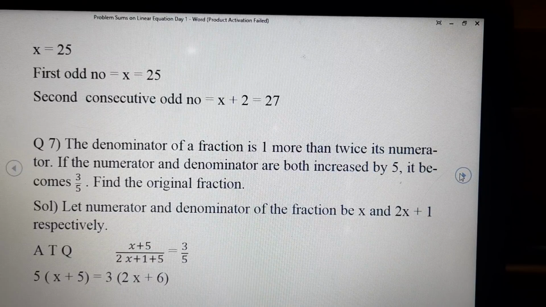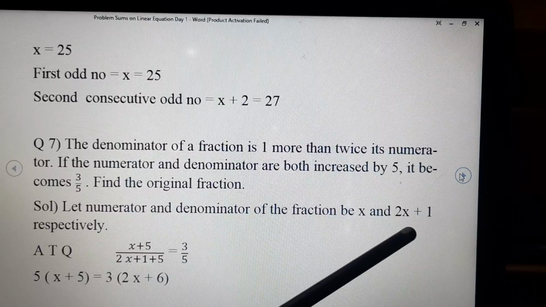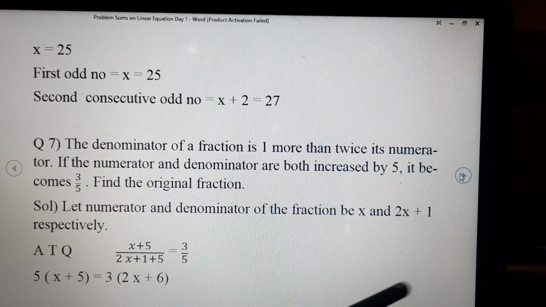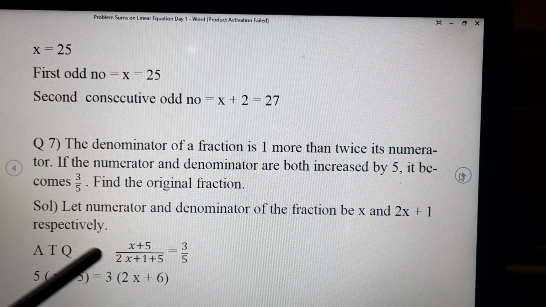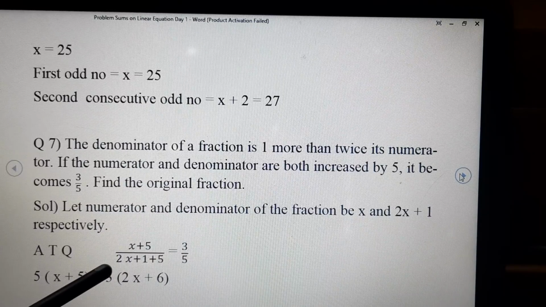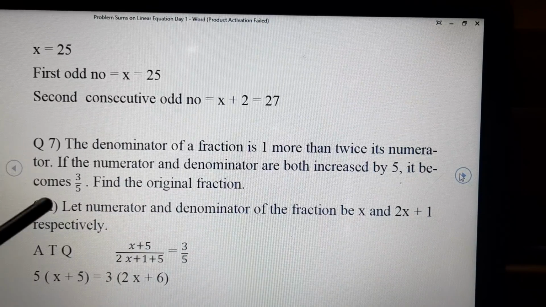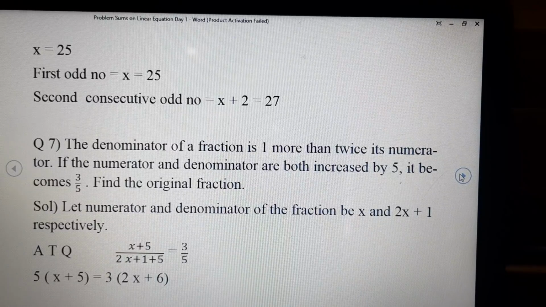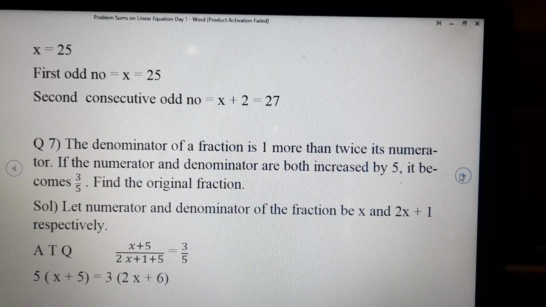But they are saying something else. If the numerator and denominator both are increased by 5, means x plus 5 and 2x plus 1 plus 5. Numerator upon denominator, increased numerator, increased denominator, is equal to 3 upon 5.